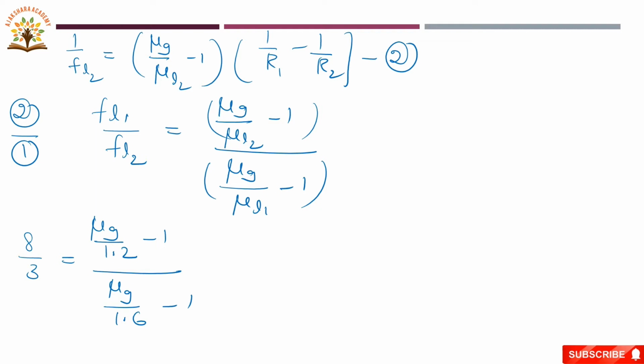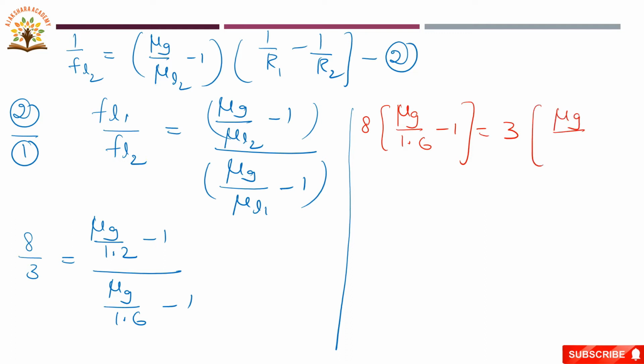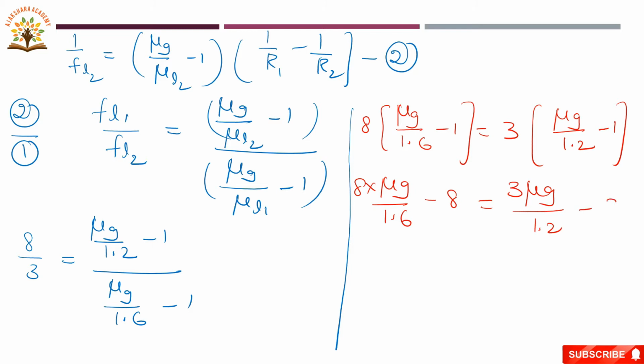So, now doing cross multiplication, we get 8 of (mu G by 1.6 minus 1) is equal to 3 into (mu G by 1.2 minus 1). So, multiplication: 8 mu G by 1.6 minus 8 is equal to 3 mu G by 1.2 minus 3.